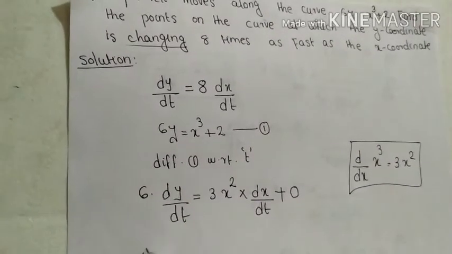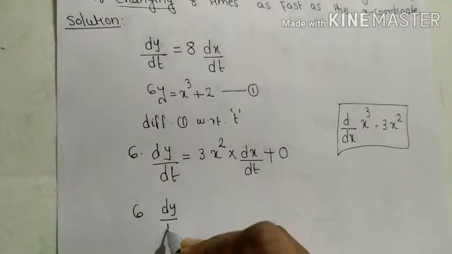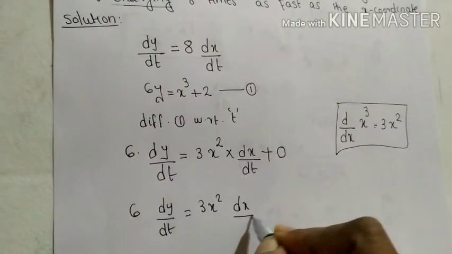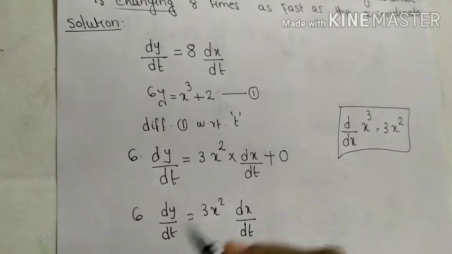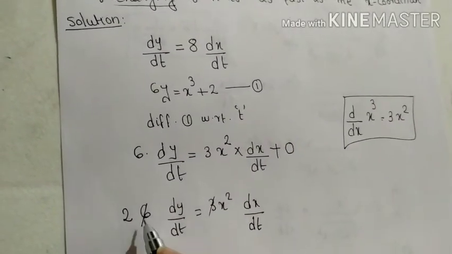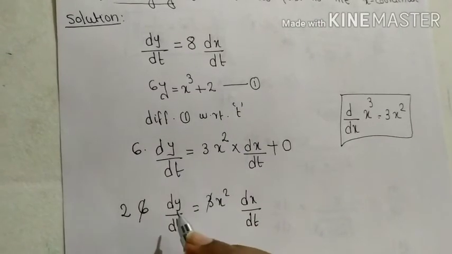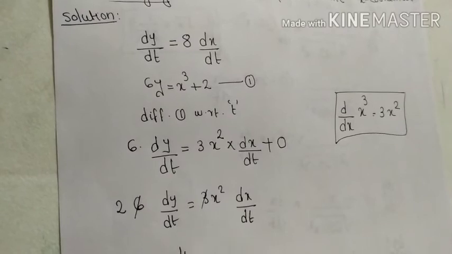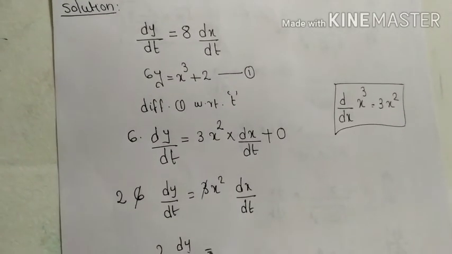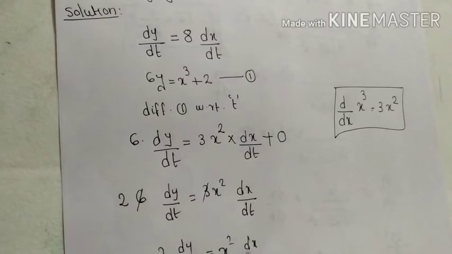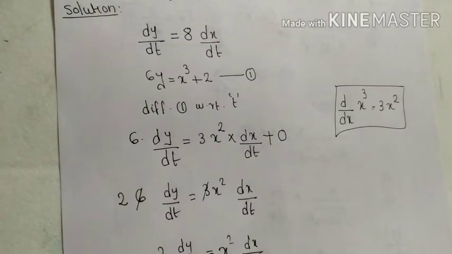From this we get 6 dy by dt equal to 3x square into dx by dt. So cancelling this 3 and this 6, we know that 3 into 2 is 6. So we get 2 into dy by dt is equal to x square into dx by dt.